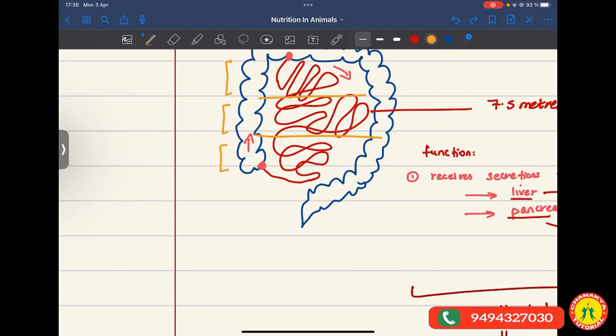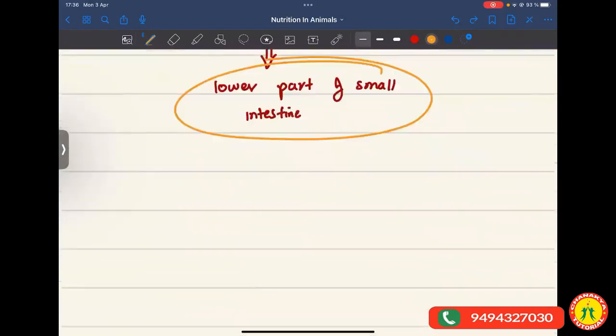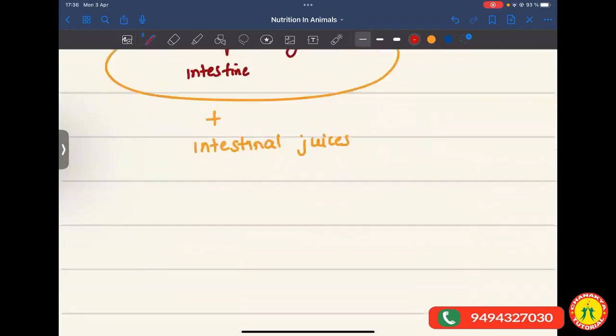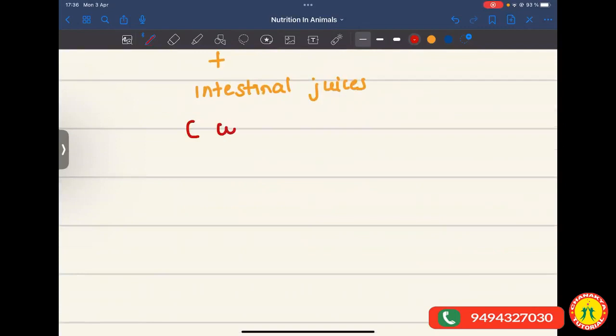So what happens once it goes into the lower part of the intestine? Now the intestine's wall will secrete juices. All the intestinal juices will be added to the partially digested food, and the complete digestion will take place.